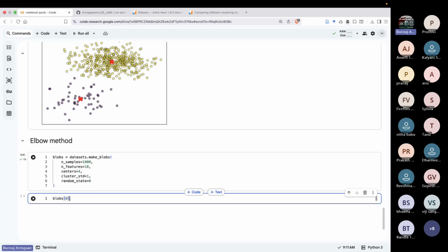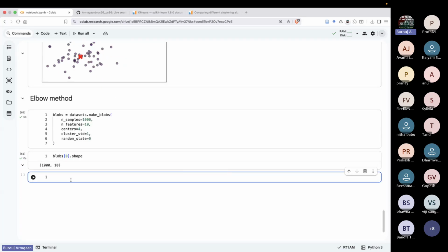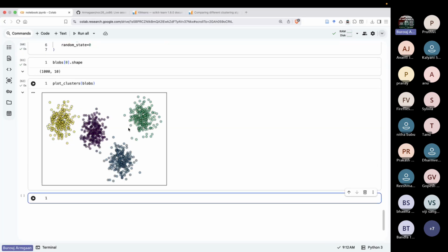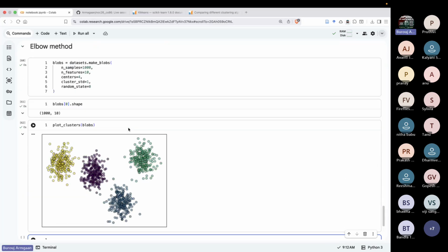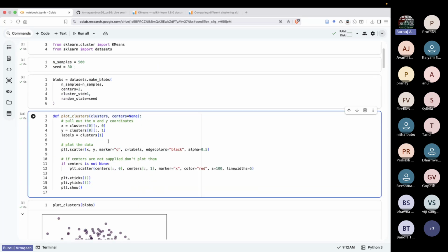So here, if we look at the shape, it is 10 dimensional. If I were to supply it to, let's say, our blobs, it will still plot it. Okay, it still plots it somehow. But this happens because the way we have written our code here is that it uses essentially the first dimension for your x coordinate and the second dimension for the y coordinate.